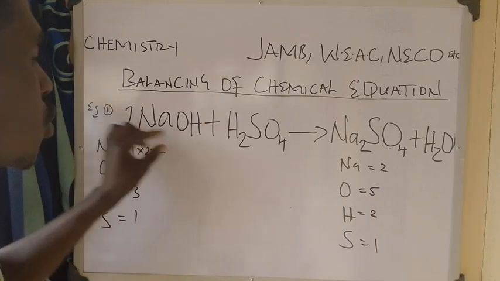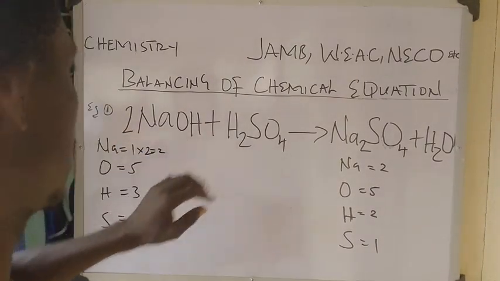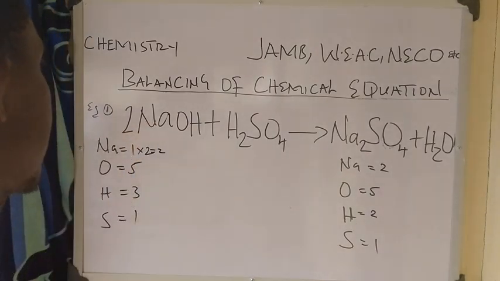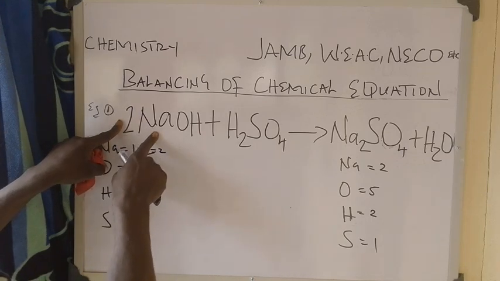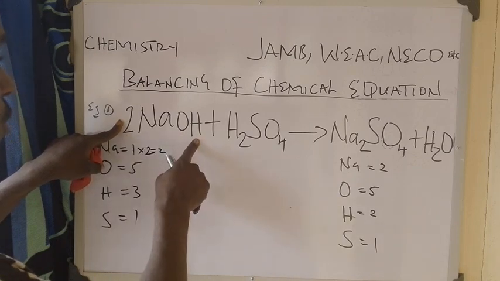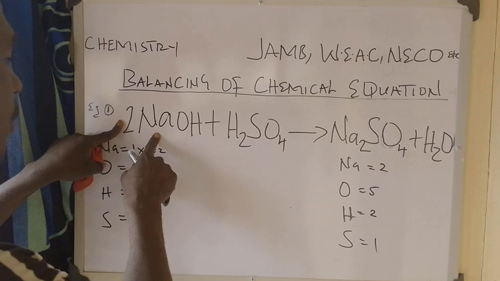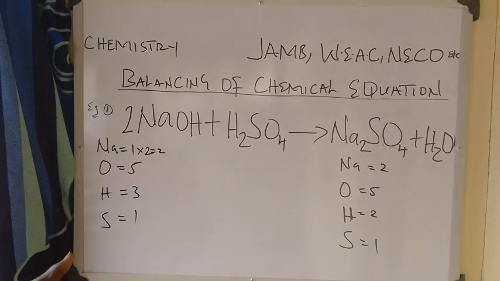Now, the numbers of atoms of oxygen has changed, and that of hydrogen has also changed. So now, this 2 is multiplying sodium, is multiplying oxygen, is multiplying hydrogen. So it means I have 2 sodium here, I have 2 oxygen here, and I have 2 hydrogen here. So can you see that the entire equation has changed?